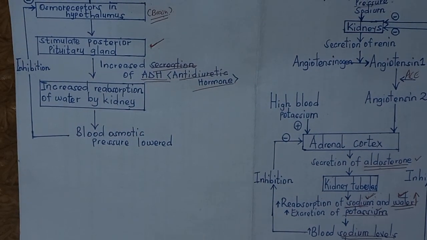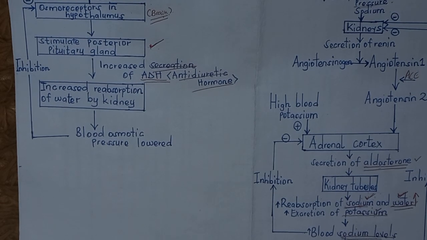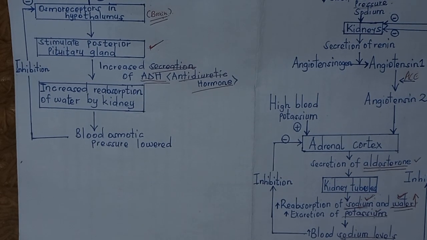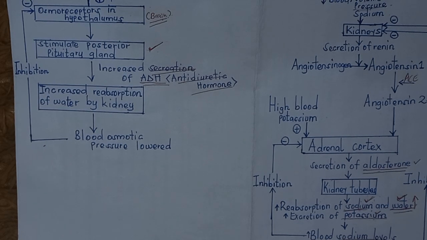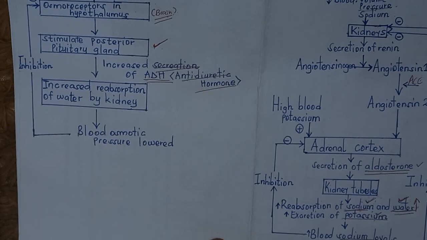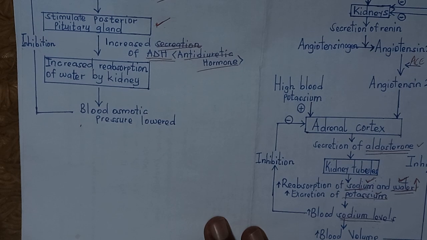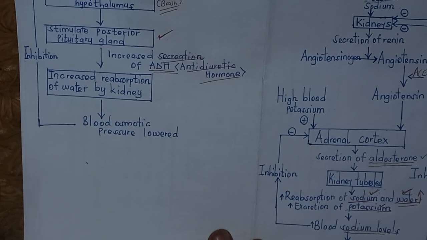This tells us why desert animals have a more concentrated urine than animals living in a place where there is plenty of water, because an animal living in the desert will try to conserve its water by secreting a lot of ADH.